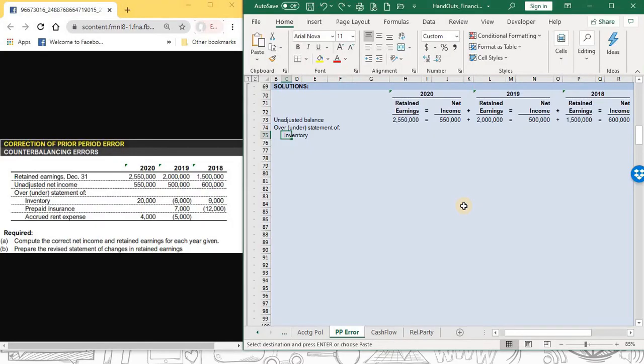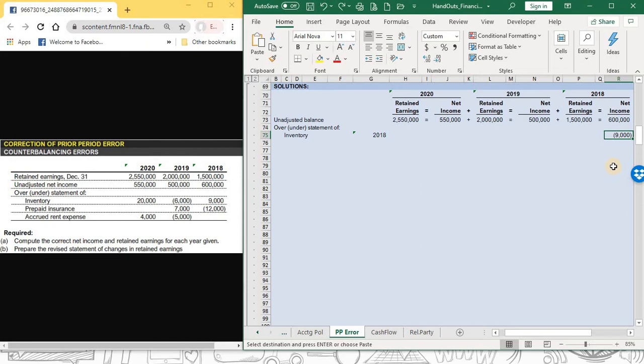So it means that the 9,000 overstatement of the inventory in 2018 resulted in the overstatement as well of the net income in 2018. So to correct the overstatement of the 2018 net income, we need to deduct the 9,000 pesos from the 2018 net income.